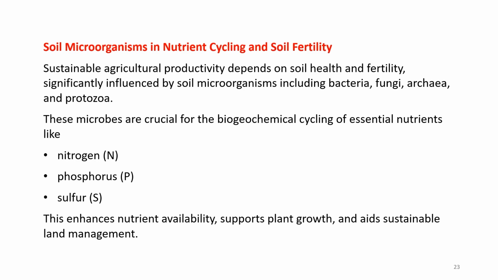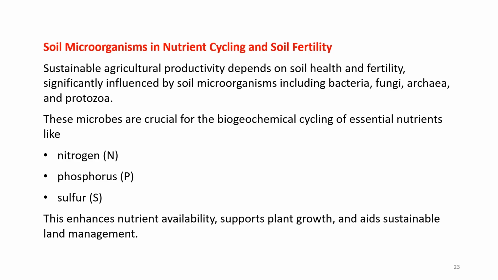So, what are the various soil microorganisms which take part in nutrient cycling and maintaining soil fertility? For sustainable agricultural productivity, we need good and healthy soil which is fertile, and this is significantly influenced by soil microorganisms like bacteria, fungi, archaea and protozoa.